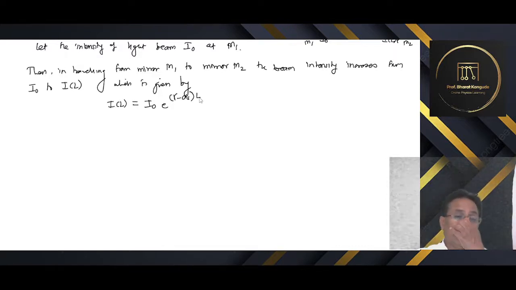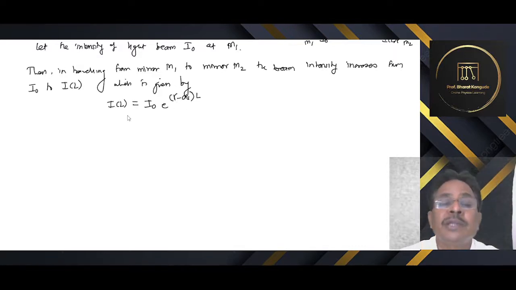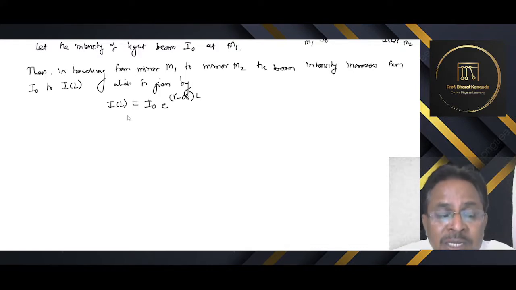Now remember, this gamma is what is called the gain. This alpha S is the absorption. Who is bigger, gamma or the absorption? Depending on that, the intensity will increase or decrease.